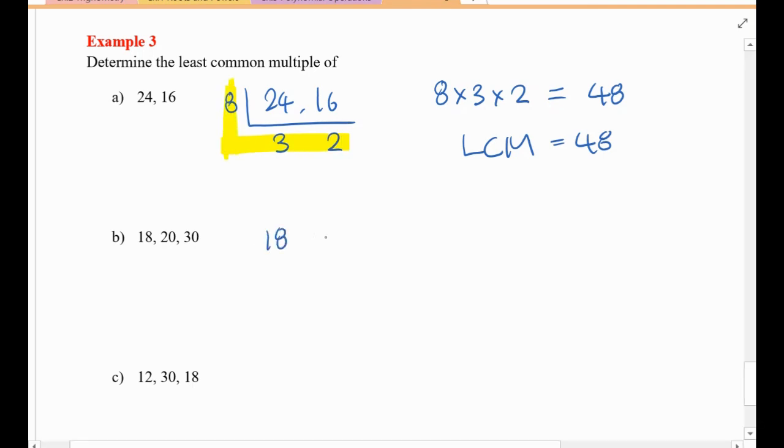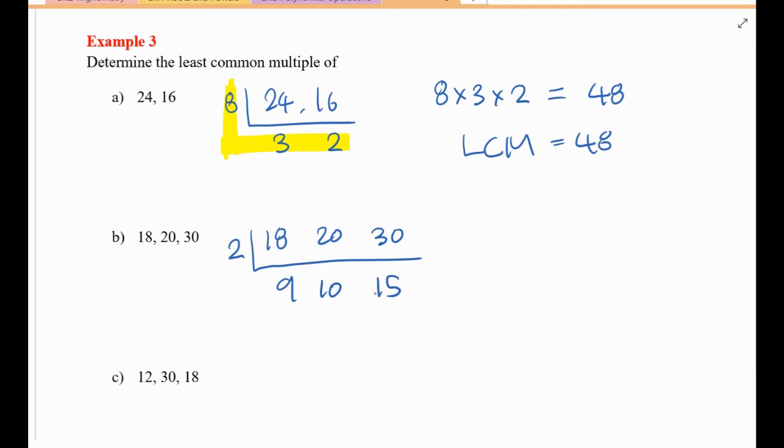Next, 18, 20, and 30. Let's divide number with 2. Can you do more? No, we should stop here. But actually, to find LCM, we can do more.